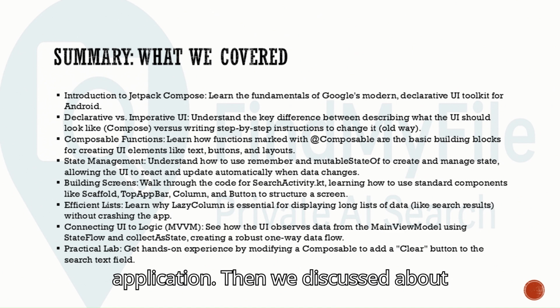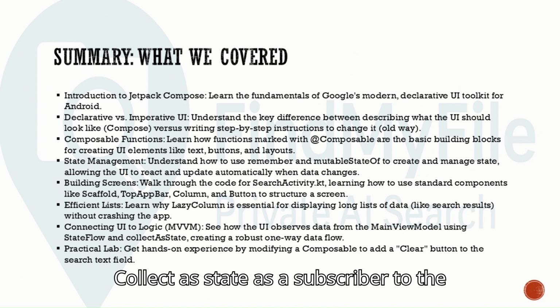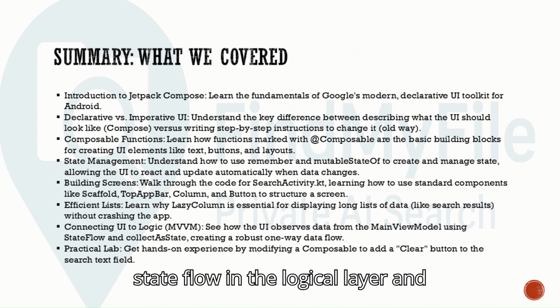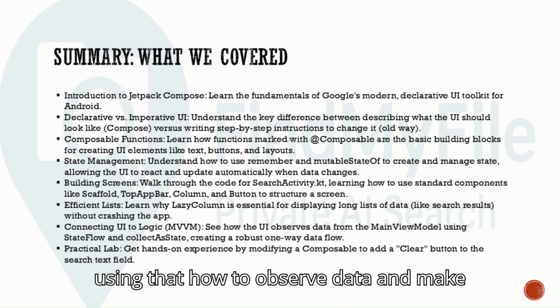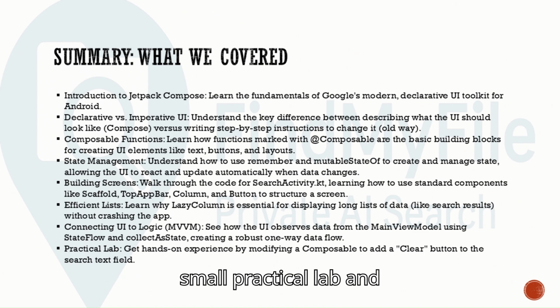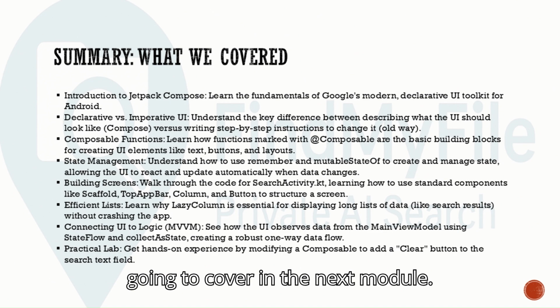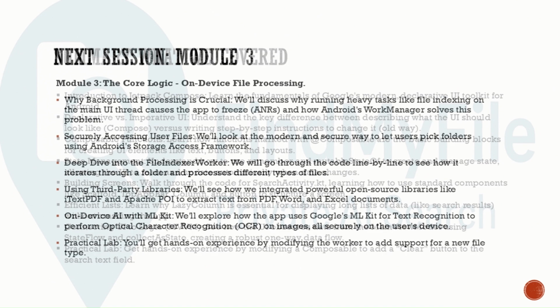Then we discussed about UI to logic connection, how to use collect as state as a subscriber to the state flow in the logical layer, and using that, how to observe data and make changes in the UI. And then we did a small practical lab. And now we are going to look at what we're going to cover in the next module.